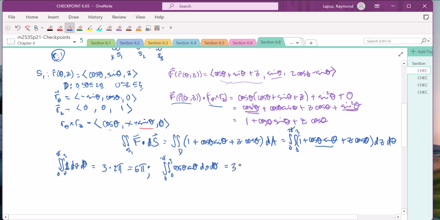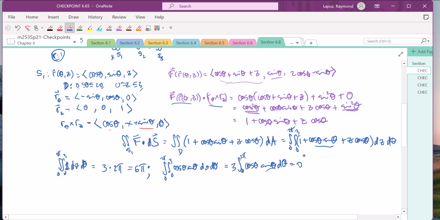This is going to be 3 from our z integral, and the integral from 0 to 2 pi of cosine theta sine theta. And if you do a u substitution where u is equal to sine, you're going to get sine squared over 2, and then you're going to put 0 and 2 pi in there, and that's really just going to give us 0.